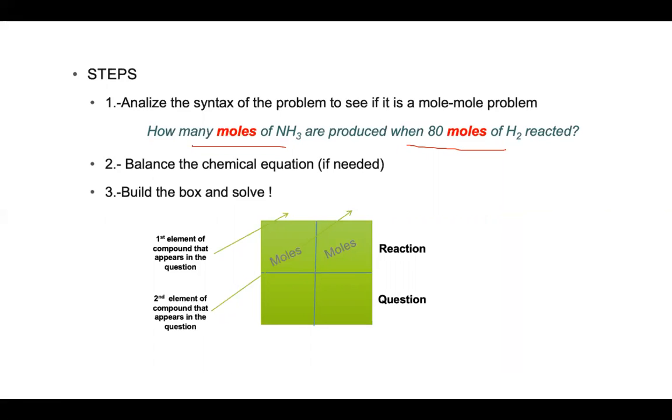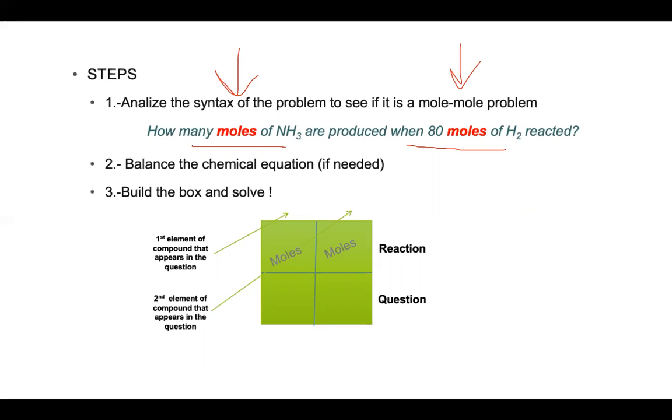If we have something different than moles, like grams, molecules, or particles, then the first thing to do is change those grams or particles into moles in order to solve it as a mole-mole problem.